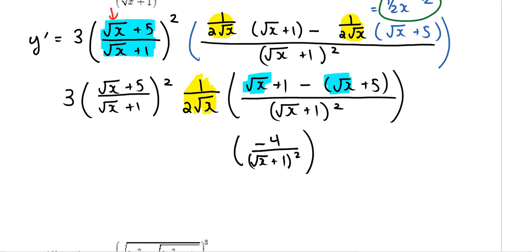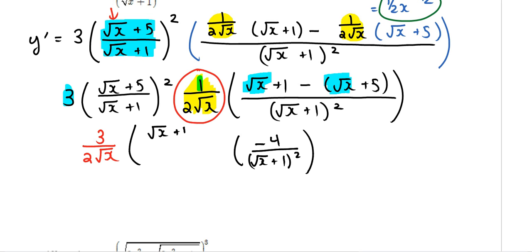Then if I take this 1 and that 3 and multiply all that together and bring this guy out to the front, I would get 3 over 2 root x times root x plus 5 all over root x plus 1 all squared, times that.